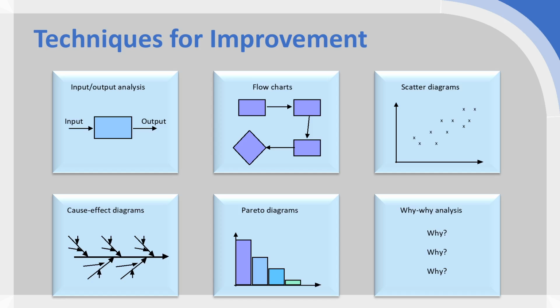Why was it packaged and sent out late? Because we had a delay in this area. So you see, you keep asking why until you get to the underlying cause of the quality problems. And flowcharts we've seen again, so I'd refer to the process mapping video where we can see the usefulness of flowcharts and flow diagrams in actually identifying how the process actually works.